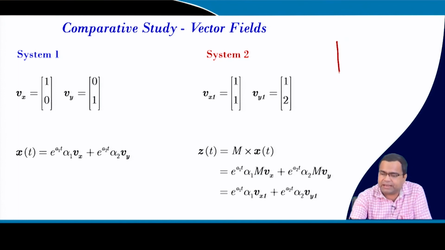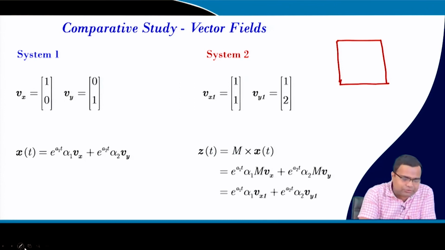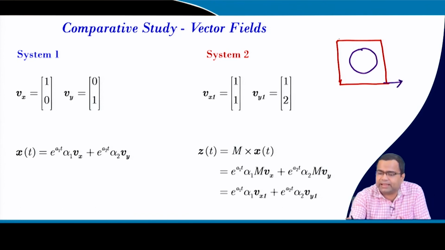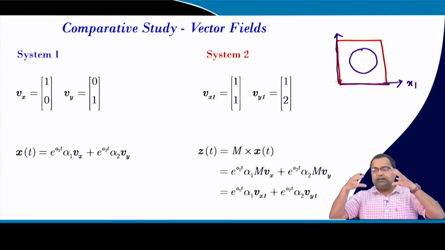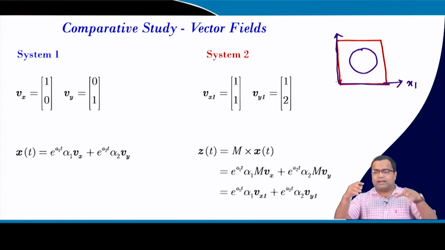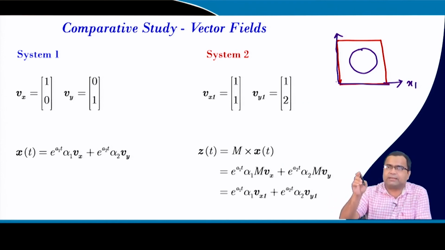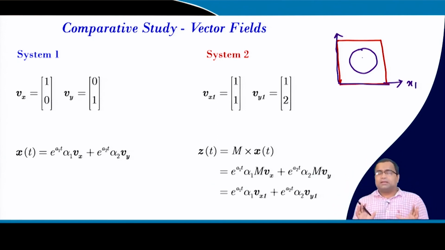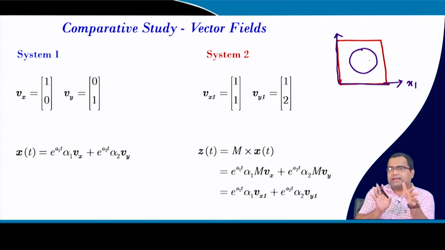Suppose we take an image like this. The image is a circle, and this is the x1 x2 plane, and we are looking from vertically, like our viewpoint is from 3 dimensions, along the z axis. So it will look like a circle, but now suppose we change the angle and look from an inclination.